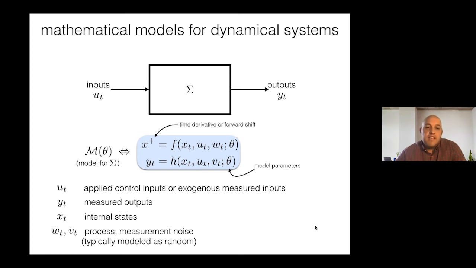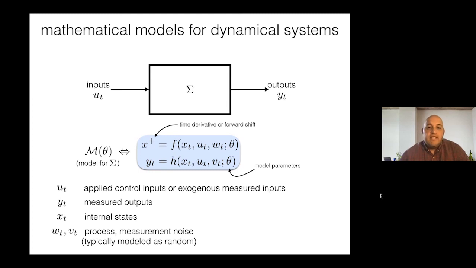The second component of the model is the second equation, which is the output equation or the measurement model, which tells us how the sensor measurements depend on the current state, the input, and this random measurement noise. That's this function h, which is also parameterized by this vector of model parameters theta.